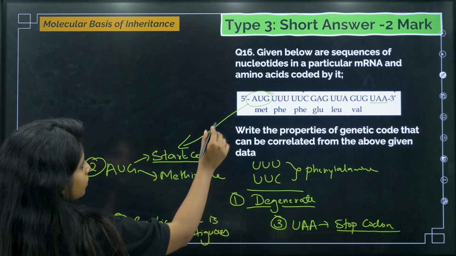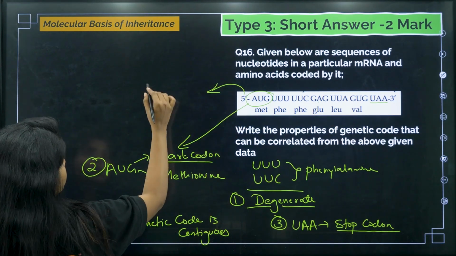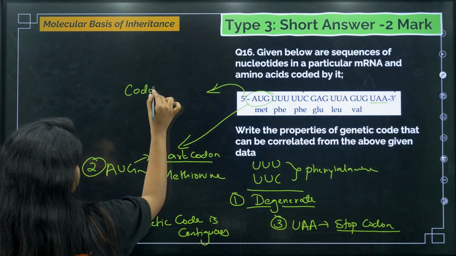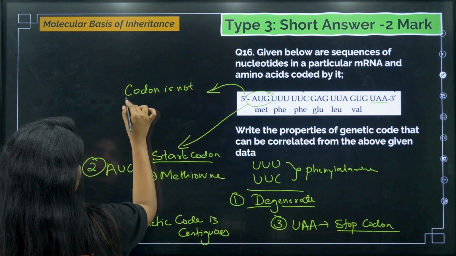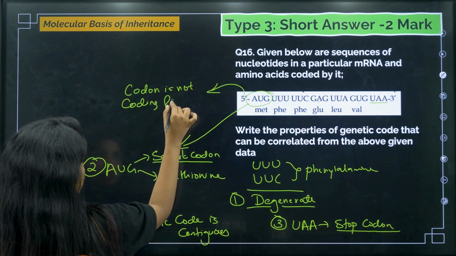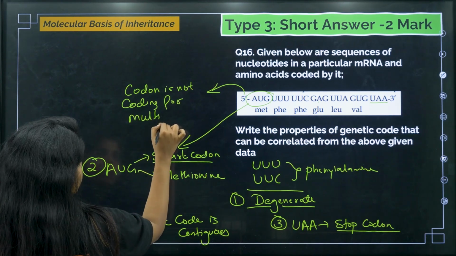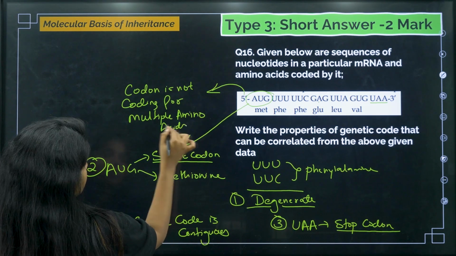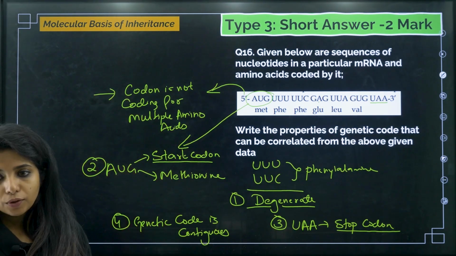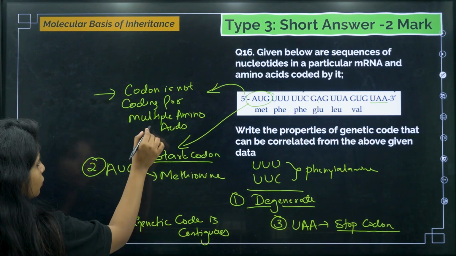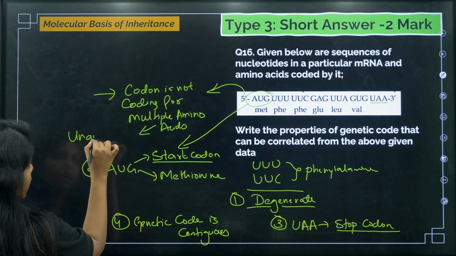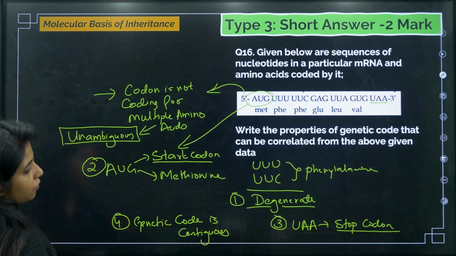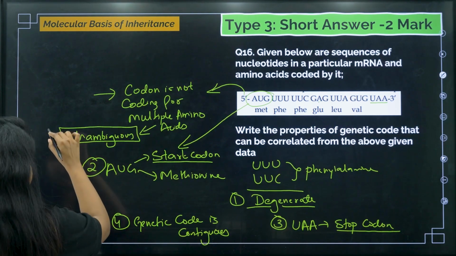A codon is not coding for multiple amino acids. So that is something different which I usually didn't see over here. This feature is known as unambiguous. The genetic code is unambiguous. Fine? Works. This is the 5th character that I see.